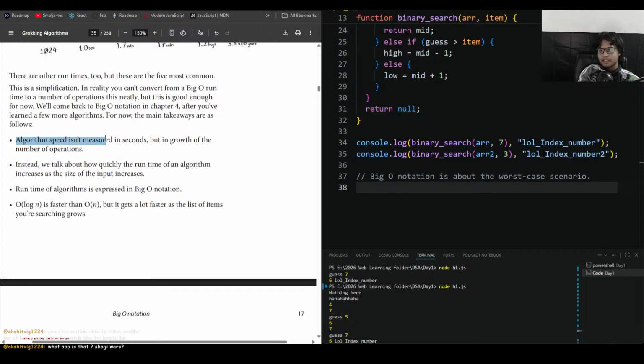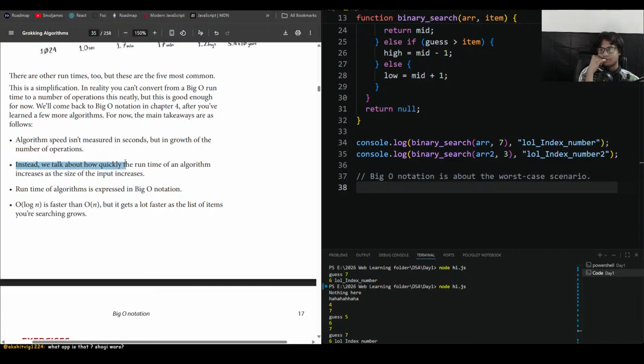Algorithm speed isn't measured in seconds, but in growth of the number of operations. Instead, we talk about how quickly the runtime of an algorithm increases as the size of the input increases.